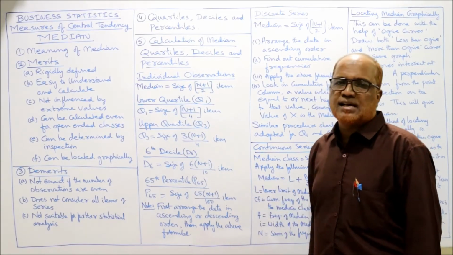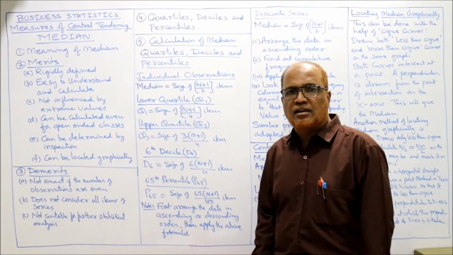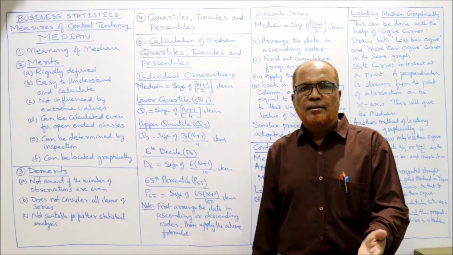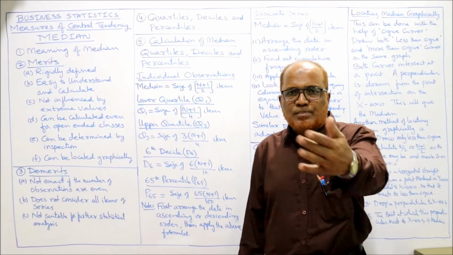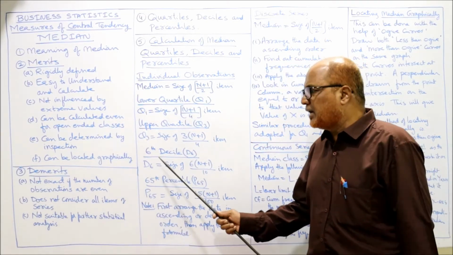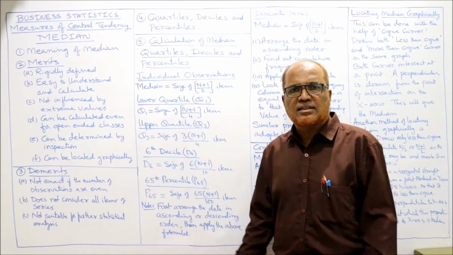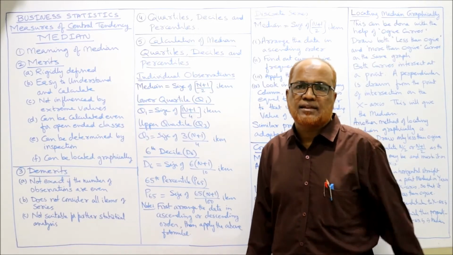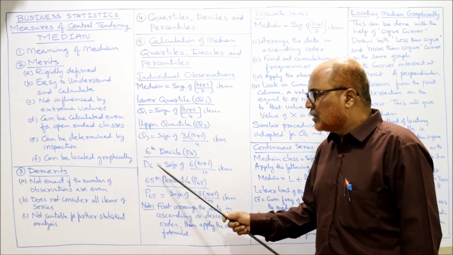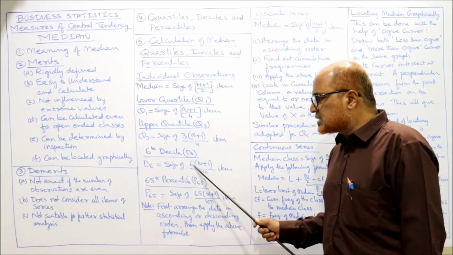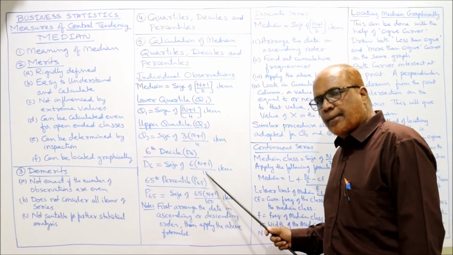Now the sixth decile. I have given the sixth decile as an example; we can take any decile. In total 9 deciles are there: D1, D2, D3, D4, D5. To explain, I took D6 as an example. You can take anything up to D9. So to find the 6th decile, size of 6 into (n+1)/10.